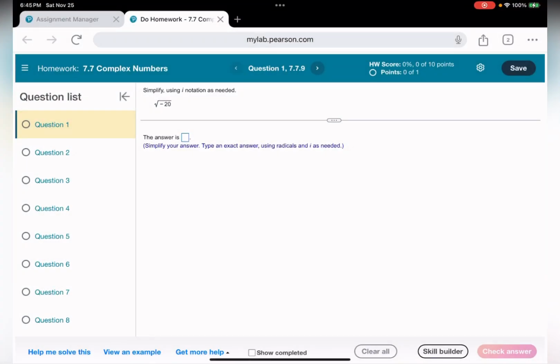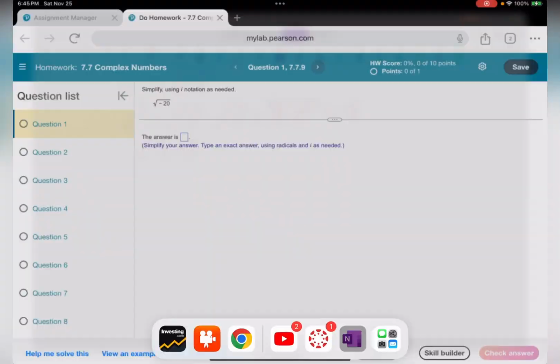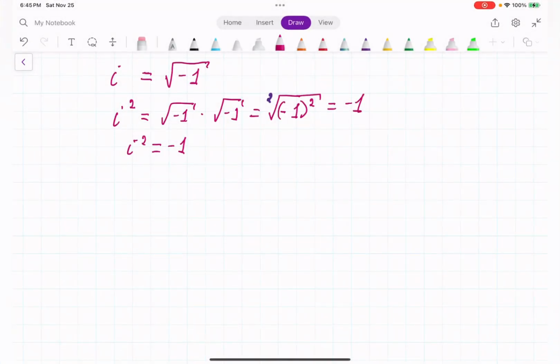Okay, question 1, square root of negative 20. We are going to break negative 20 down like square root negative 1 times square root 20, right?